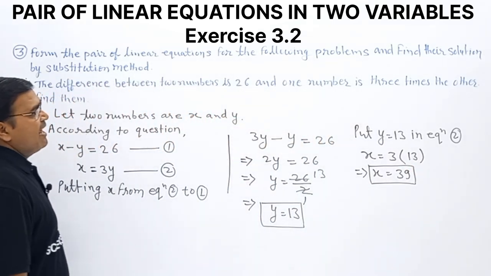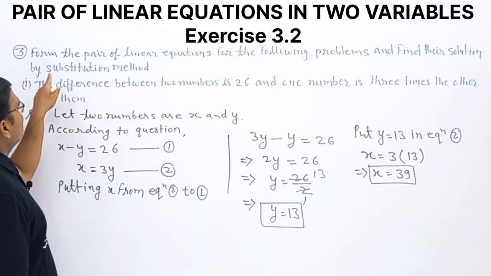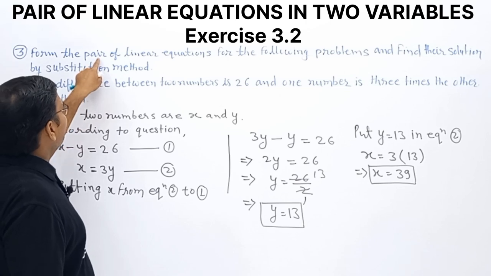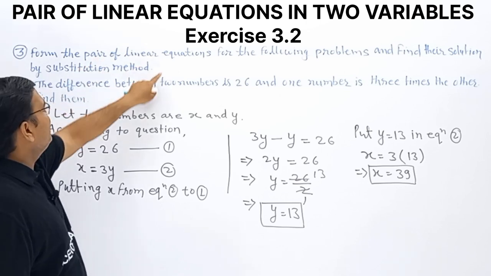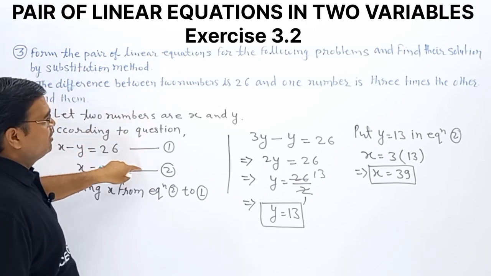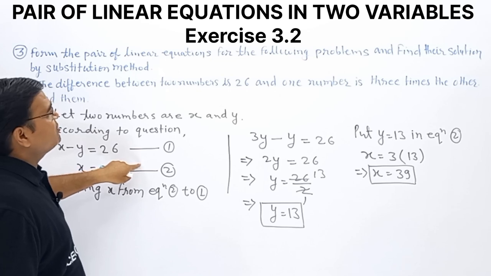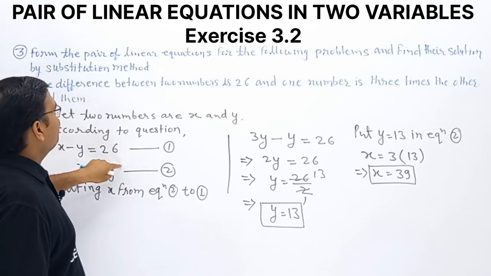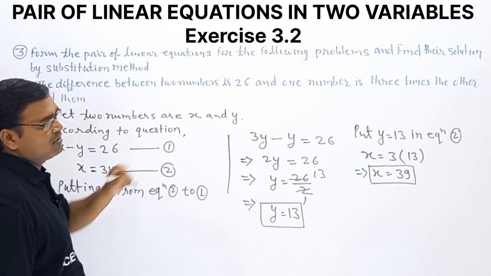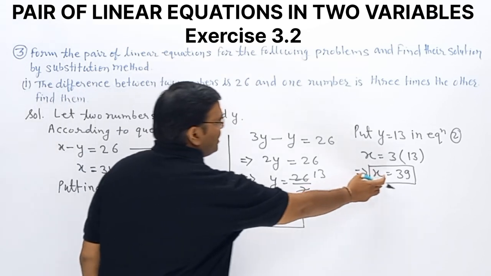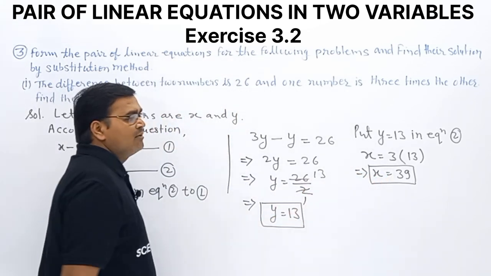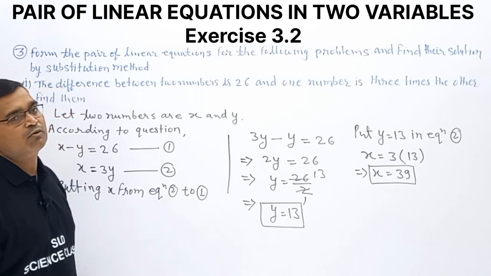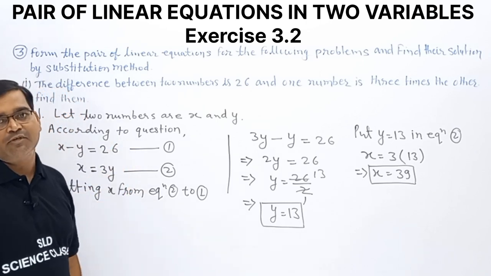We formed the pair of linear equations and obtained the solution by the substitution method. So x equals 39 and y equals 13 are the solutions of these linear equations.